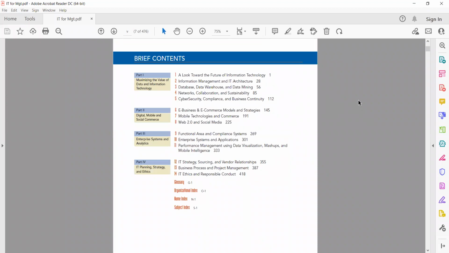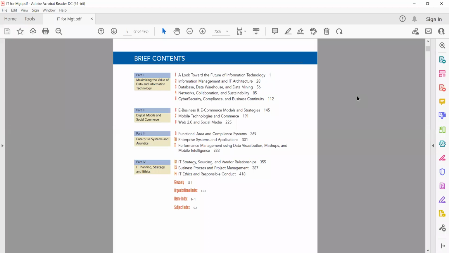Basically, this book is organized into 4 major parts. Part 1 is maximizing the value of data and information technology, where we can find 5 chapters: a look toward the future of information technology, information management and IT architecture, database, data warehouse and data mining, networks and collaboration, and sustainability, cyber security, compliance, and business continuity.